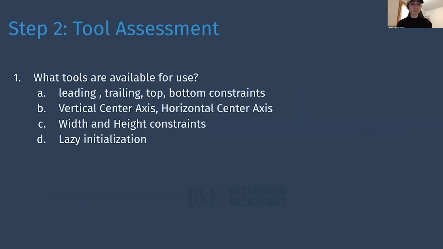So, after we define the scope, we can jump into tool assessment. This is where you explain what tools you're going to use for building up this layout. So I'm thinking of leading with constraints. Right now we're just focusing on one view, so you don't have to worry about table views or collection views at the moment.